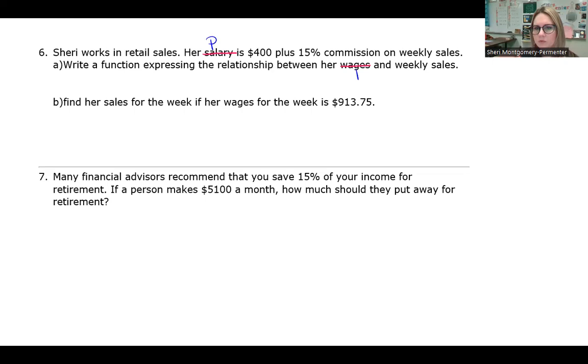So we could call it P. And then it says that her pay is $400 plus 15% commission on weekly sales. We could call weekly sales W. So our equation, our pay is equal to $400 plus, and what's 15% as a decimal?